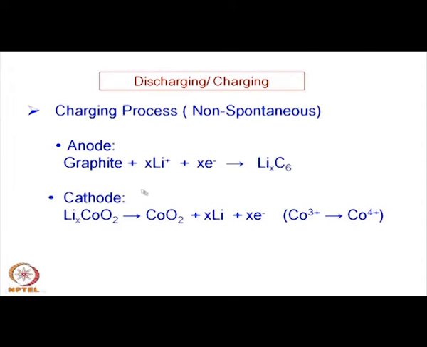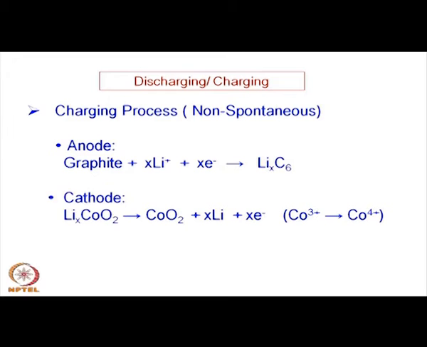In the reverse manner of what happened in the discharge case, in the cathode you have LixCoO2 converting to CoO2 and x Li, which is liberated out. So, the Co3 plus again gets converted to Co4 plus. So, there is a valency change of the cobalt ion, and that takes place through the intercalation step.